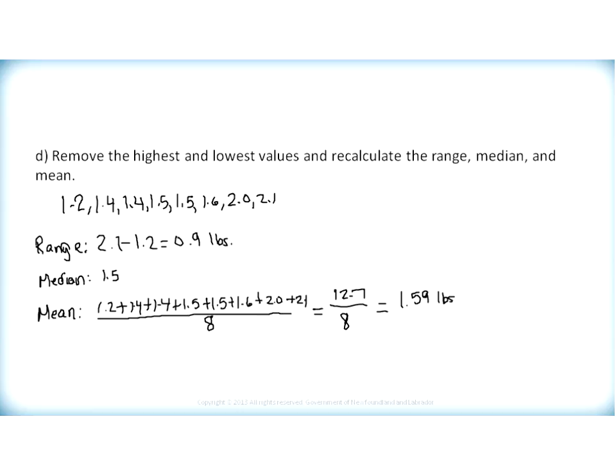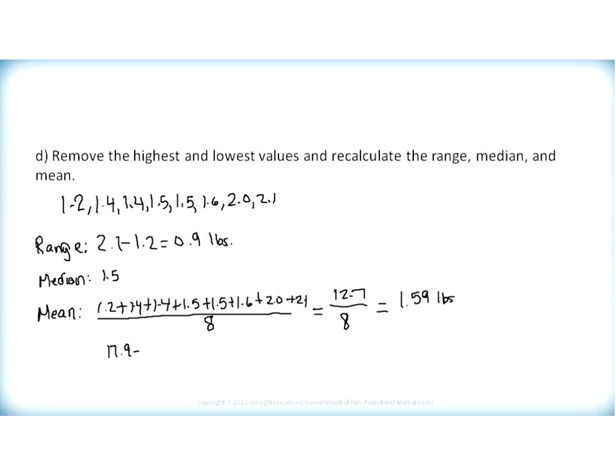So my mean value has gone down by as much as 0.2 pounds overall, which is a big change. I'm going to show you a second way of calculating your mean. We knew that the sum of the first 10, when we didn't take away our highest and lowest values, was 17.9.